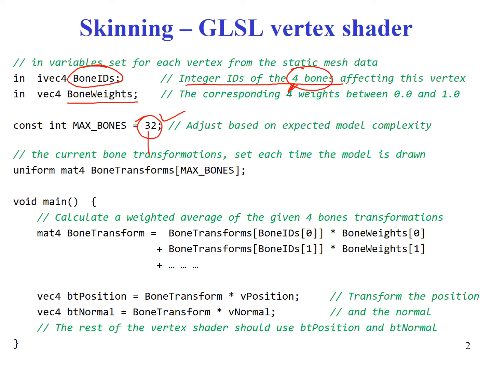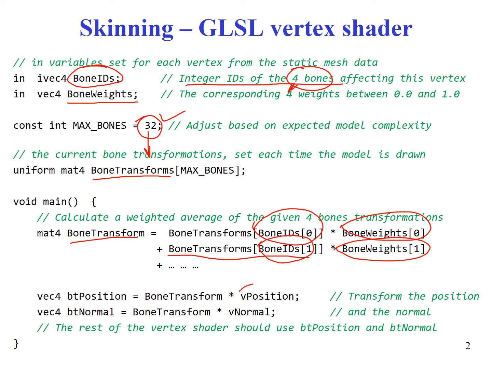Now, using this constant value, we initialize a bone transformation array. And then we sequentially fill in this array where we multiply a given set of bone IDs by their respective weights. And then we add the second transformation, which is the bone IDs of the second bone and their respective weights multiplied together.